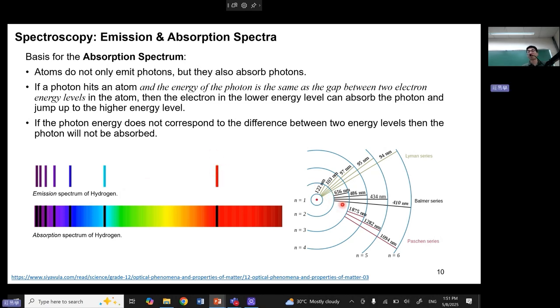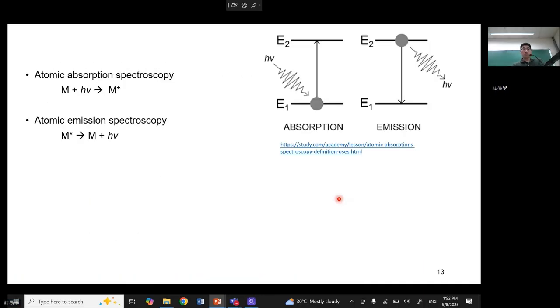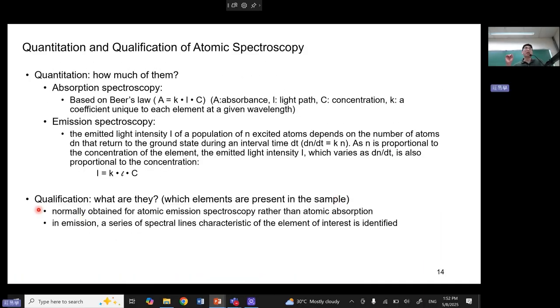And you can calculate the energy gap. With the energy gap, you should be able to know what the wavelength is. So that's the reason why it comes to quantification. Usually we use atomic emission spectrometry rather than atomic absorption.